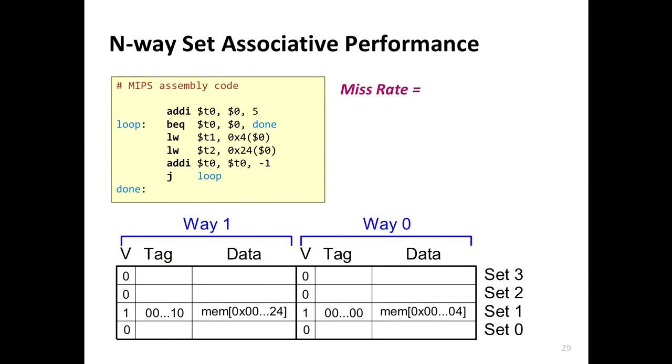So let's say the first one goes into way 0, and the second address goes into way 1, which basically means that when you read in the second loop, you already have the data in the cache, and you're not going to have the miss. So you reduce the miss rate from 100% to 20%. Simple, right? So in general, associativity reduces these conflict misses, okay?